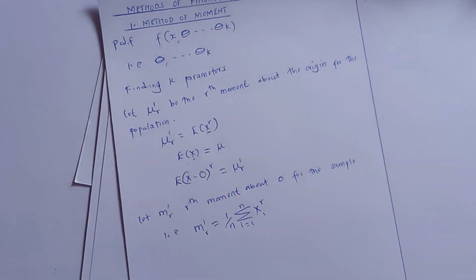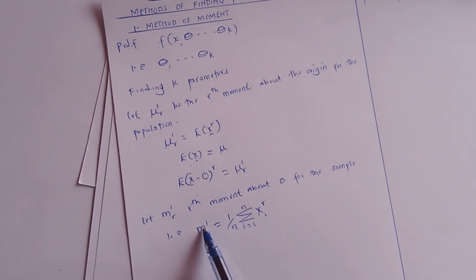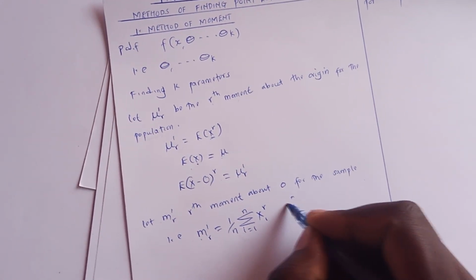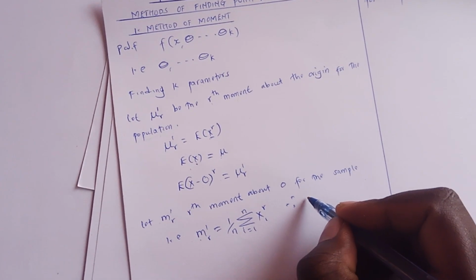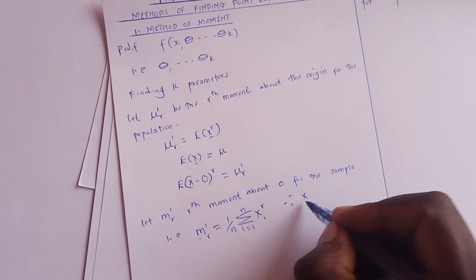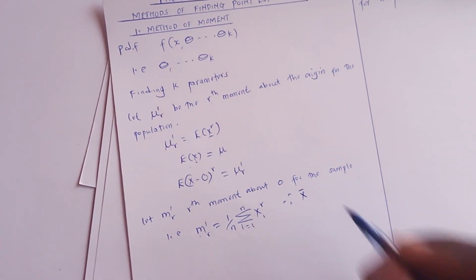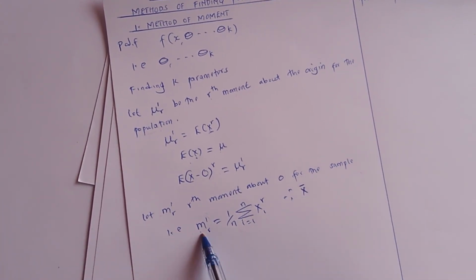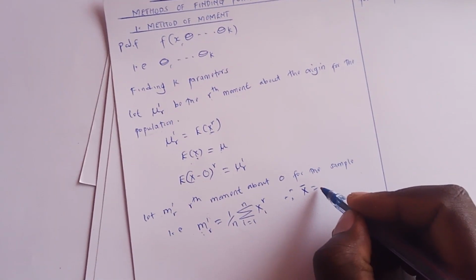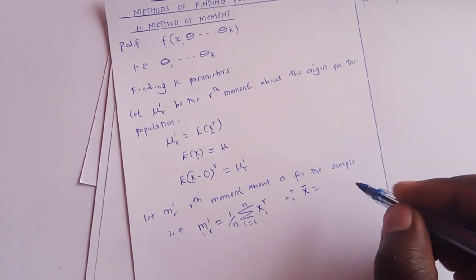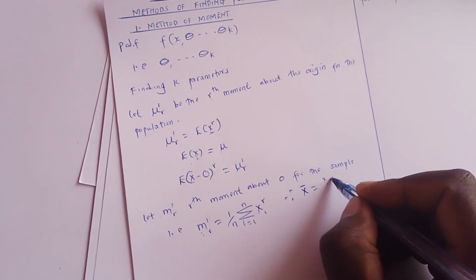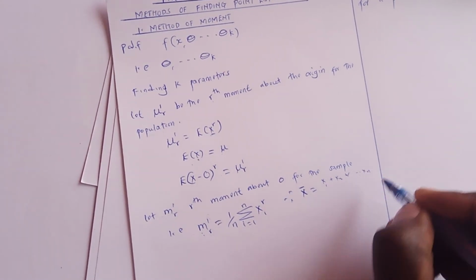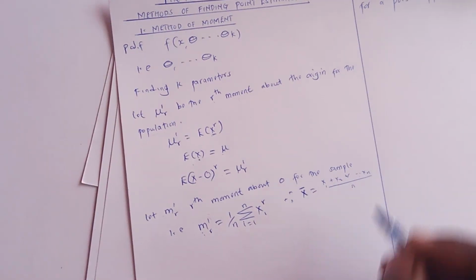In the previous class we learned that the mean, which is always from the sample, is represented by x bar. That is what we are representing by m, which is equal to x1 plus x2 plus x3 up to xn, all over n.